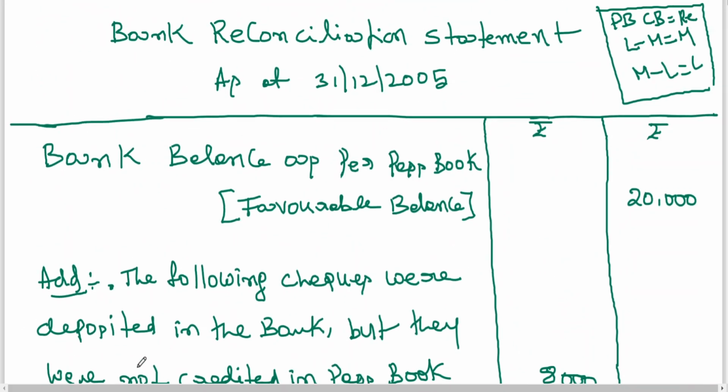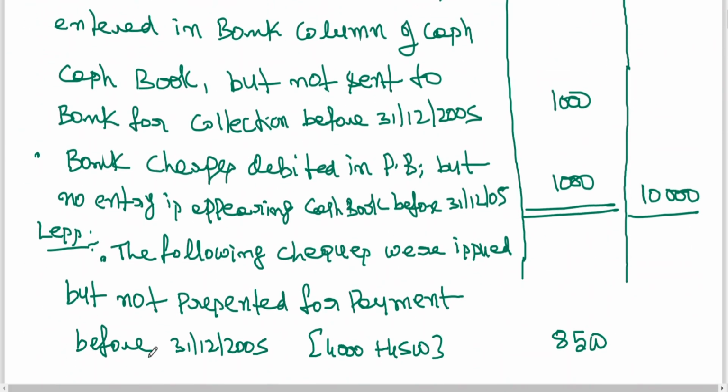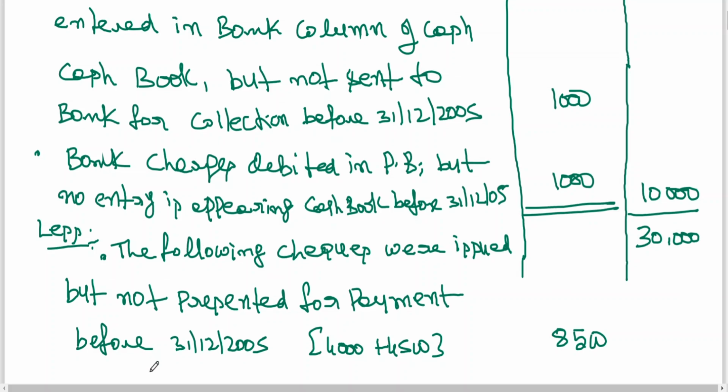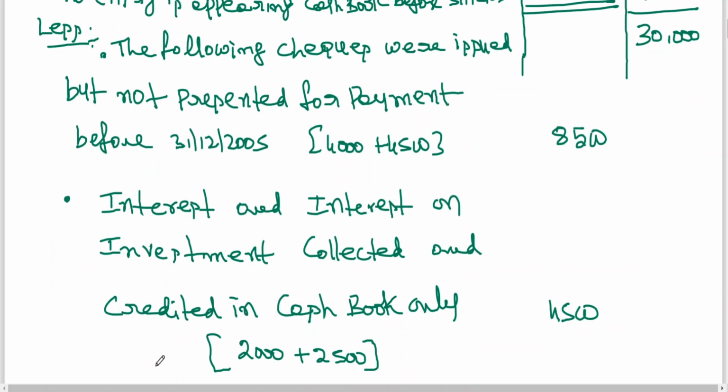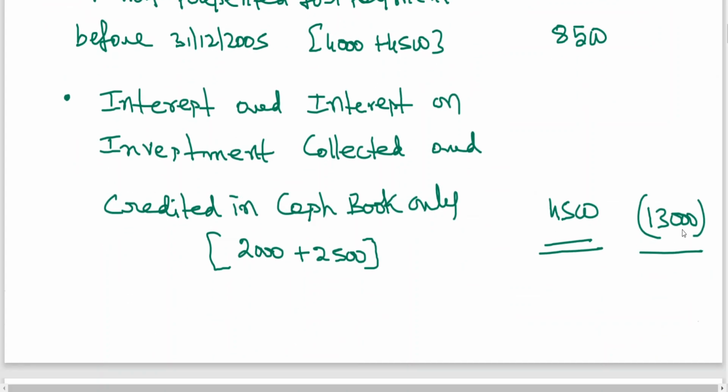See the total here. 20 plus 10, 30. Look at this. 8 plus 4, 12. 12 plus 1, 13. The total of the items to be subtracted, 13. 30,000 minus 13,000. You're getting 17,000.